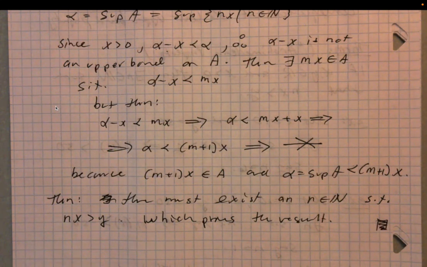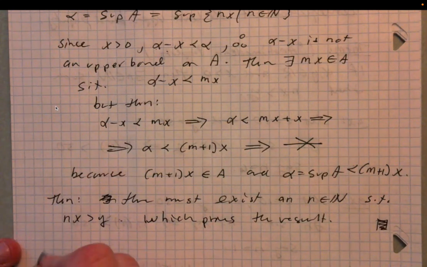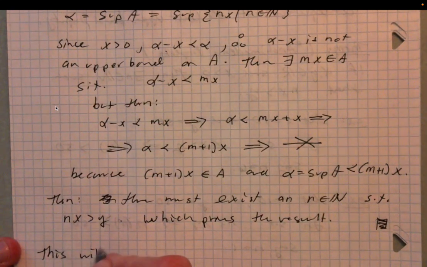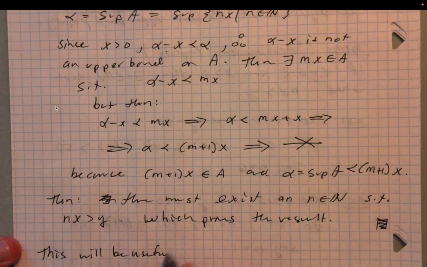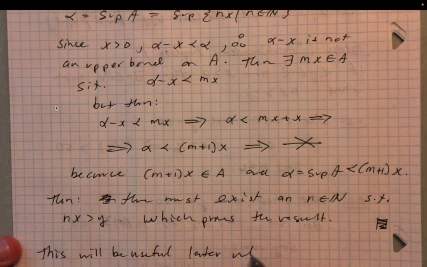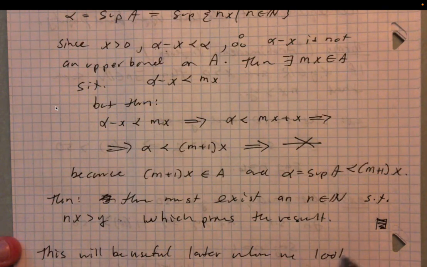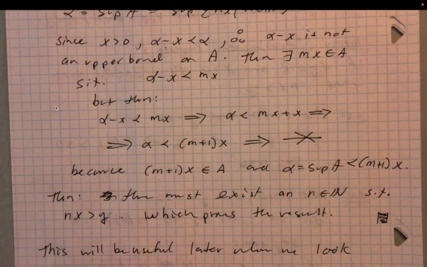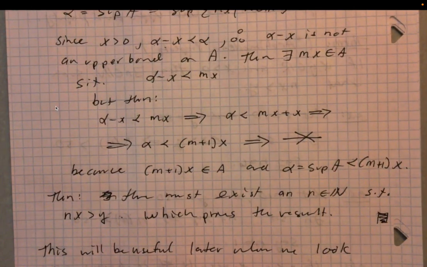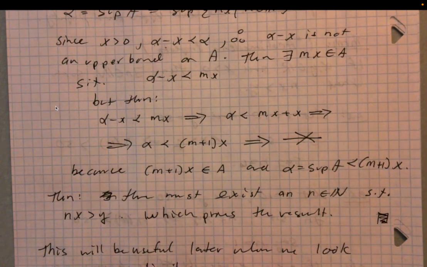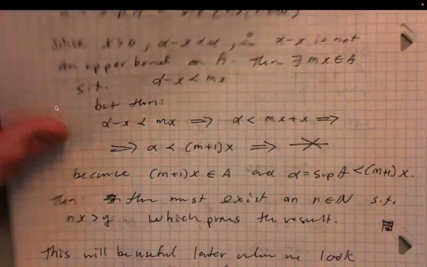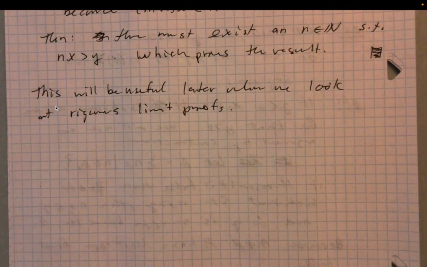So this theorem in particular will be useful later when we start to rigorously look at limit proofs. We'll talk about sequences and series and all kinds of stuff, and this will be something that we'll frequently use.